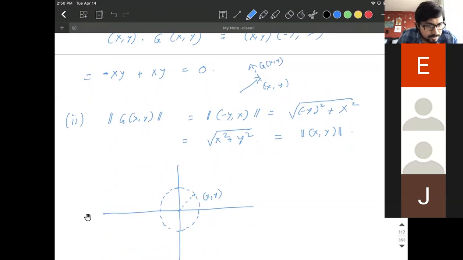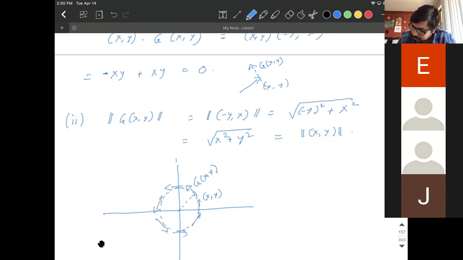So I got a right answer. So that's all I can say, that they would be tangent to the circle in a counterclockwise direction. So this is g of (x, y), and similarly for any point, this is the direction.